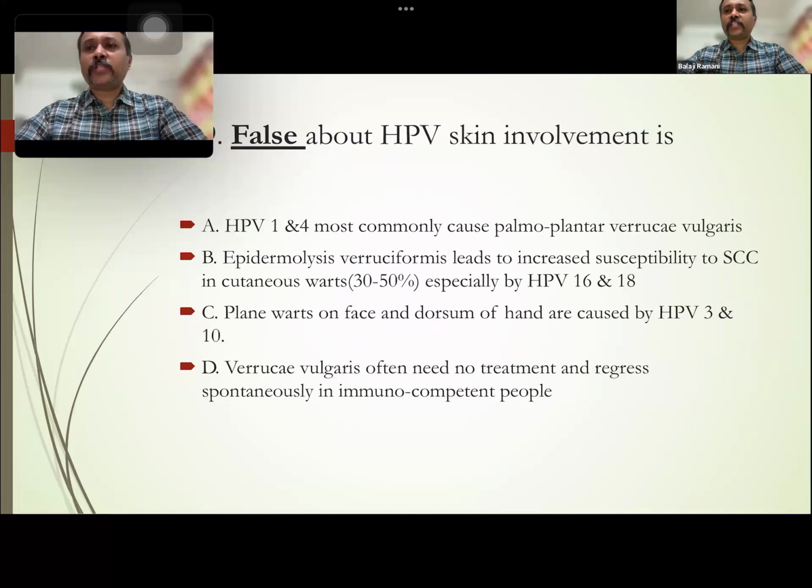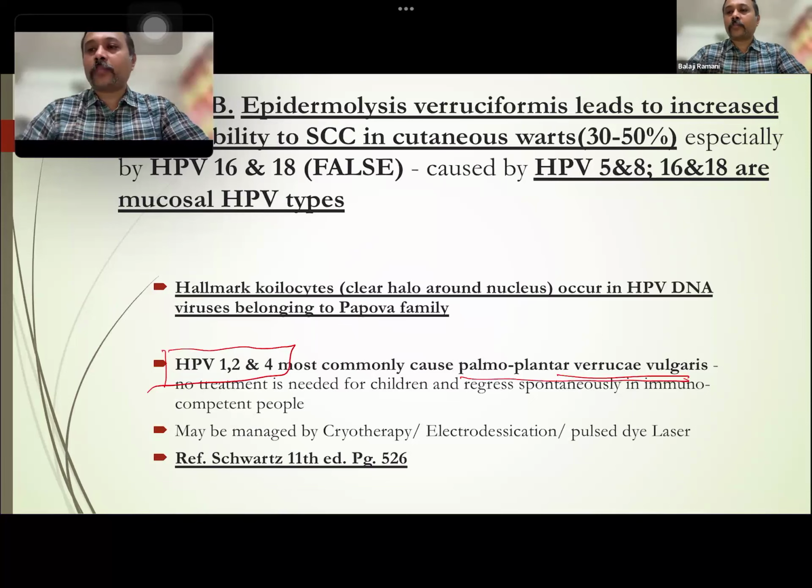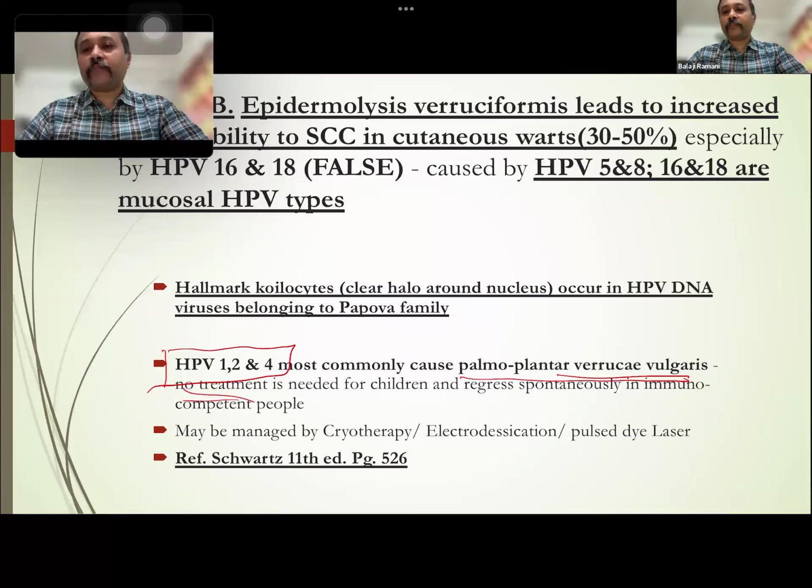When you talk about HPV and skin infection, we all know that HPV is related to mucosal cancers, but the classical feature is that HPV 1, 2, and 4 commonly cause the verrucae vulgaris or the common warts. They are caused by your HPV types 1, 2, and 3. Here there is no treatment which is needed for verrucae vulgaris.